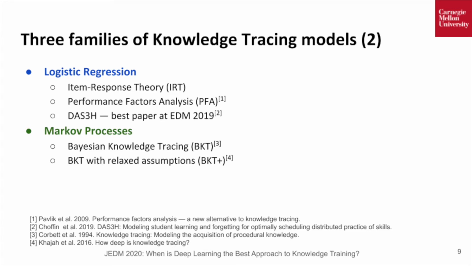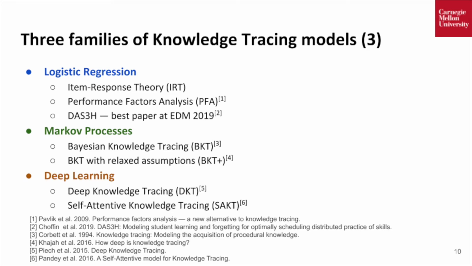The second family, Markov processes, also has a long history in the community and includes the original and still most widespread knowledge tracing model, Bayesian knowledge tracing, or BKT. In our experiments, we consider its best performing improvement to date, which relaxes some assumptions, and is termed BKT+.